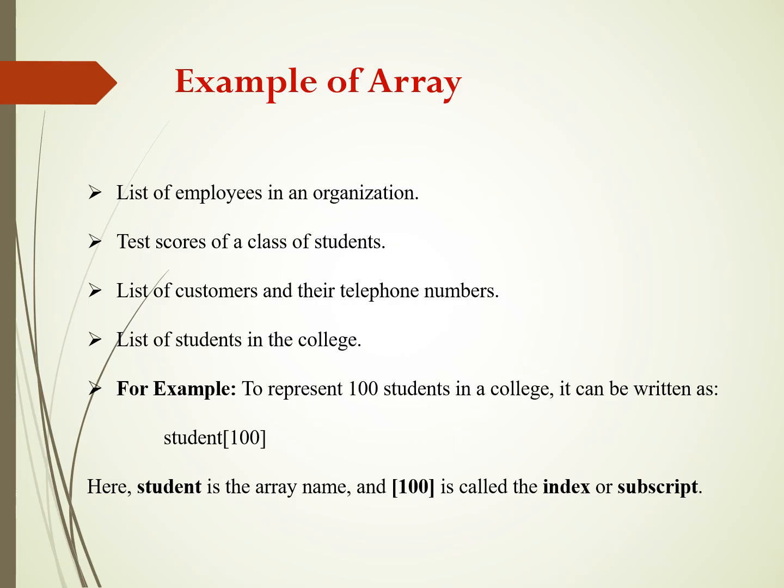This zero-based indexing is one of the most important concepts to remember while working with arrays because it helps us correctly access and manipulate array elements. So these examples show how arrays help us to organize and manage large amounts of similar data efficiently.